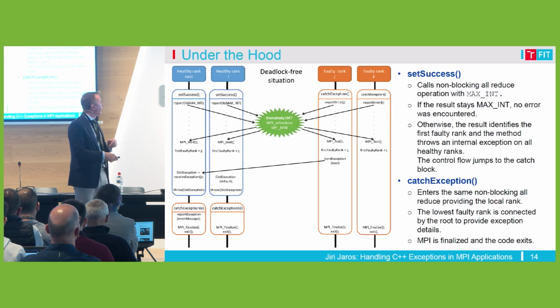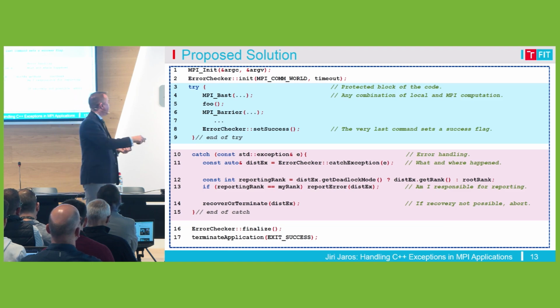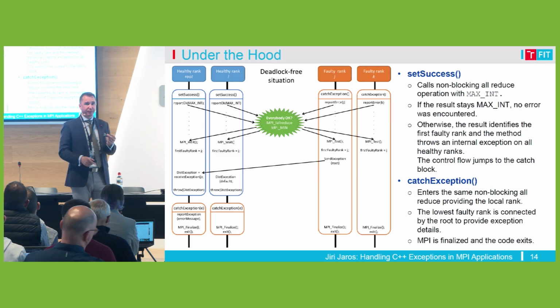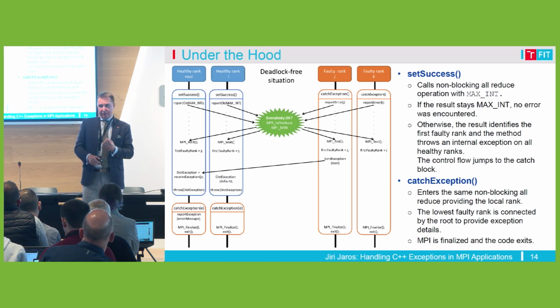If there was something wrong, and one rank was faulty, or multiple ranks were faulty, they will skip the set success method, but will enter the same communication as the first thing in the catch exception. So basically here, in the catch exception, they will report the error by sending their own rank.